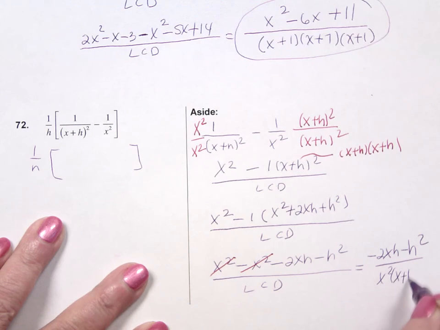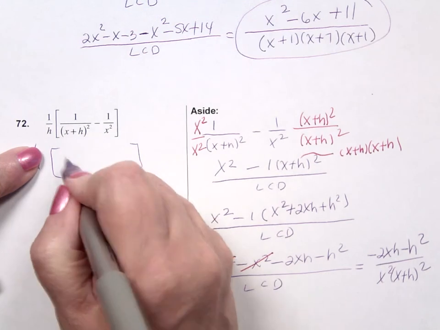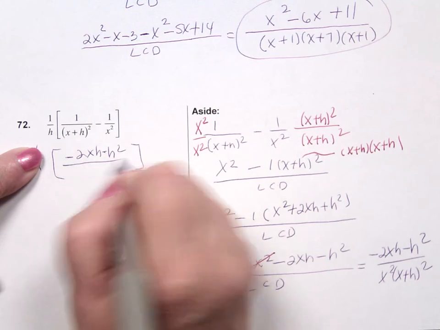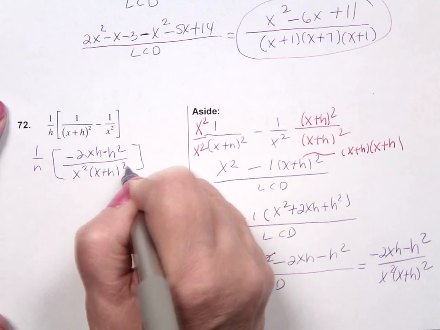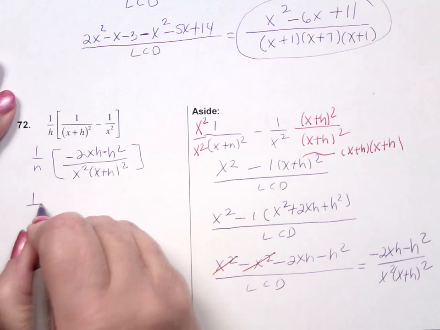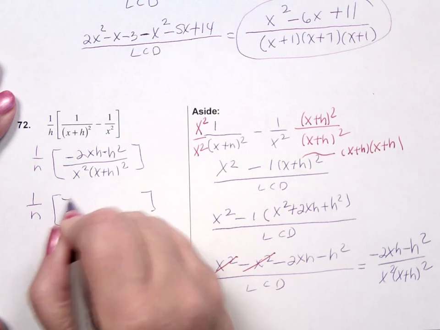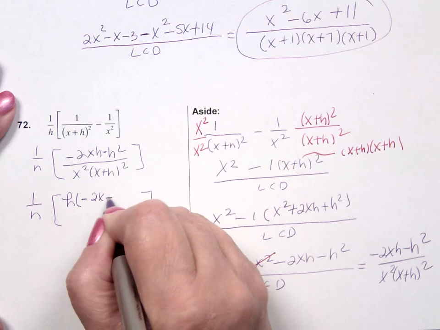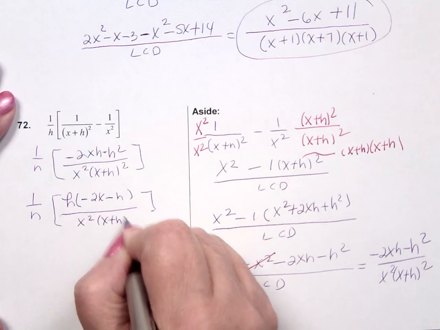which is x squared times (x plus h) squared. That's what gets transferred over to this bracket. Minus 2xh minus h squared all over x squared times (x plus h) squared, which is 1 over h times, now if you notice there is a greatest common factor of h in the numerator, so it's minus 2x minus h over x squared times (x plus h) squared.